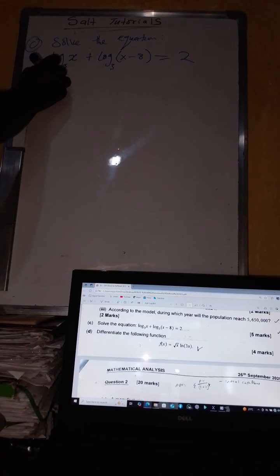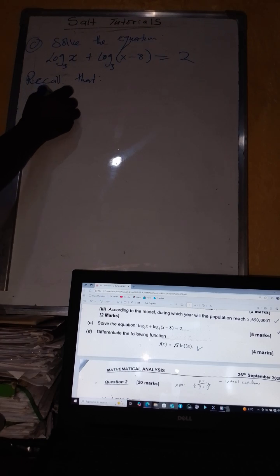So recall that if I have the log of base b, a multiplied by b, this is basically the log of base b a plus the log of base b b. If in the input there is multiplication, it changes to a summation.